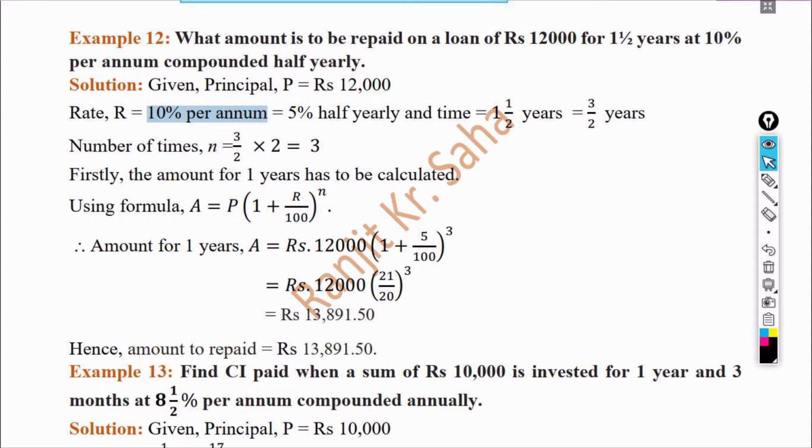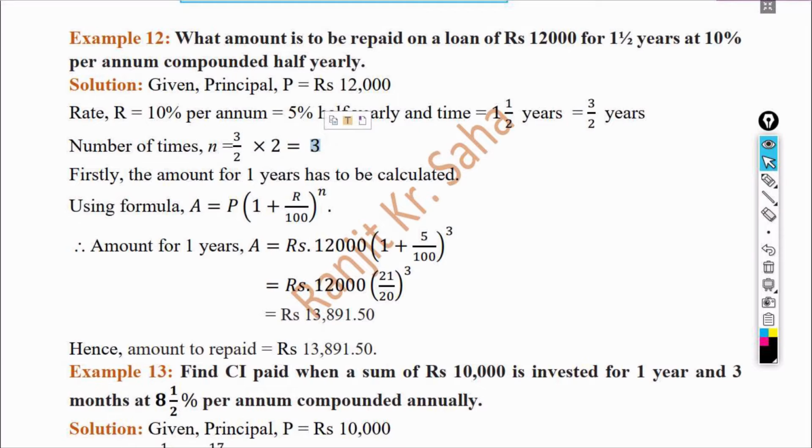When taken as 5%, it is calculated half yearly. Time equals 1.5 years, that is 3 by 2 years, and the number of times, as we have seen in the formula, is the number of years multiplied by 2, so it is 3.